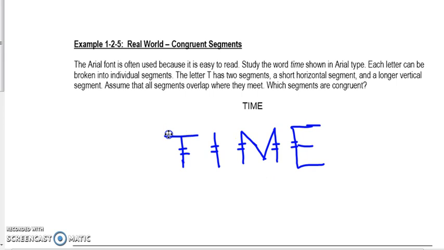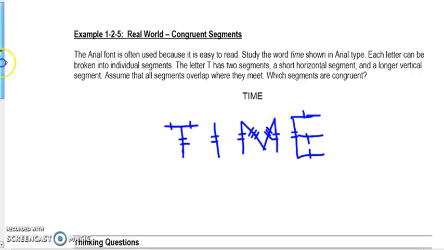And then these would be congruent, and these would be congruent, and these three would be congruent. Okay, so if we were looking at them kind of horizontally and then vertically kind of lining up, those segments are congruent. And we use tick marks to kind of mark that.